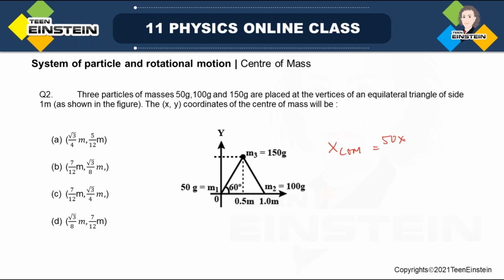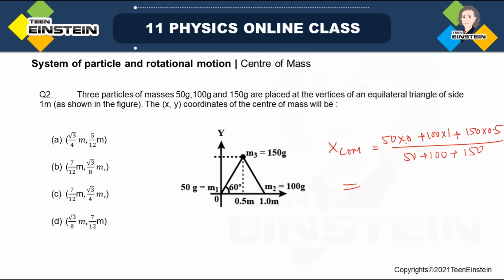Let me write with this gram itself. 50, 0, that's fine. M1 x1, M2 x2 is 100 into 1, plus M3, 150 into 0.5, divided by 50 plus 100 plus 150.